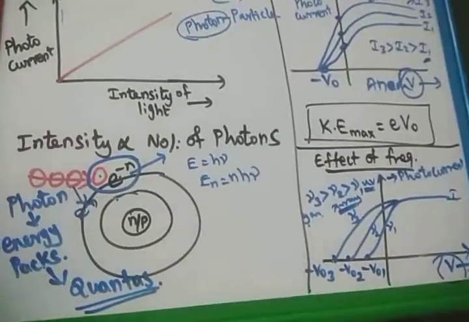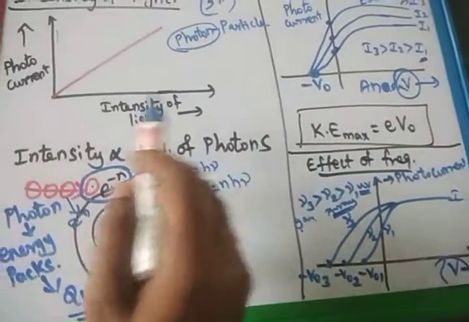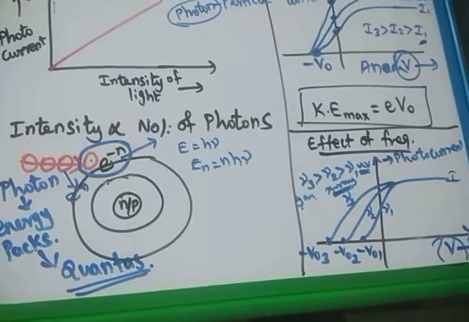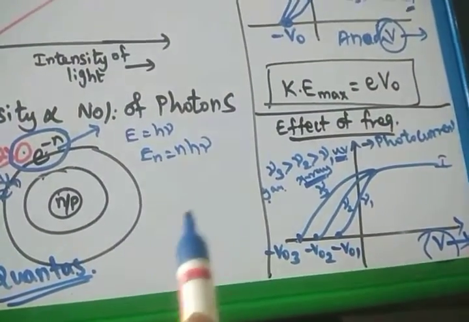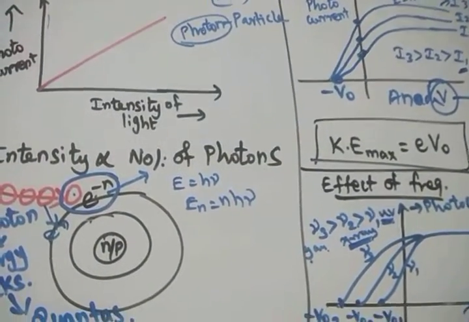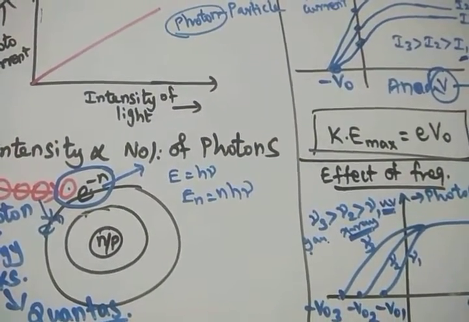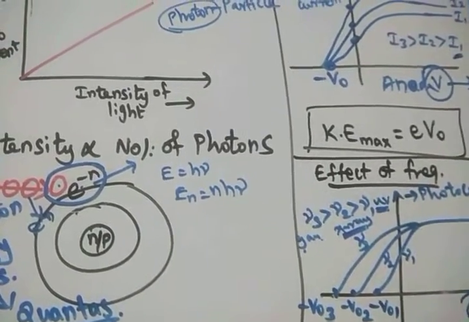So what are the Einstein photoelectric laws? The first law explains this graph: when the intensity increases, photocurrent increases. The second law explains the threshold frequency. The third law explains the stopping potential. And the fourth law says that photoelectric emission is an instantaneous process. So the 4 laws of photoelectric emission are 4 points.